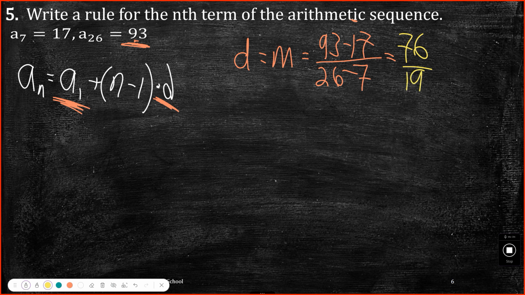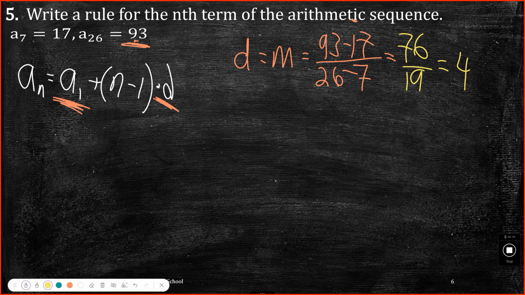And what is 76 divided by 19? 4. All right, so we have found that the common difference is 4. So we can plug in here, this d is 4. So now that we know d is 4, we only need to figure out what A1 is.